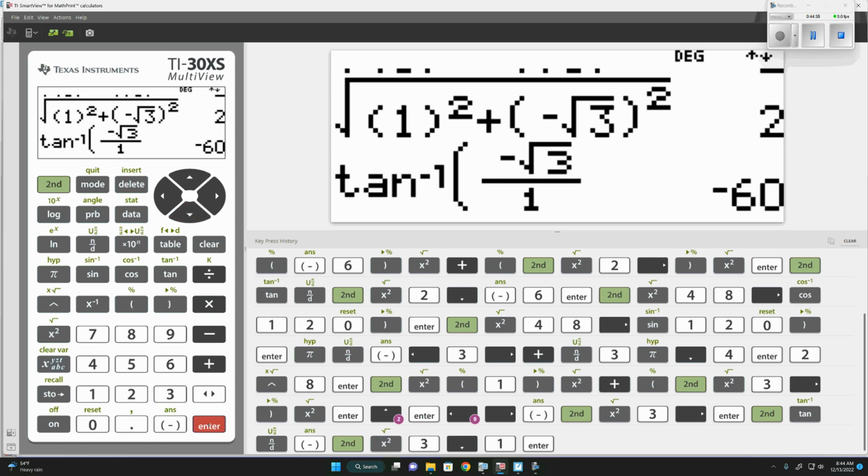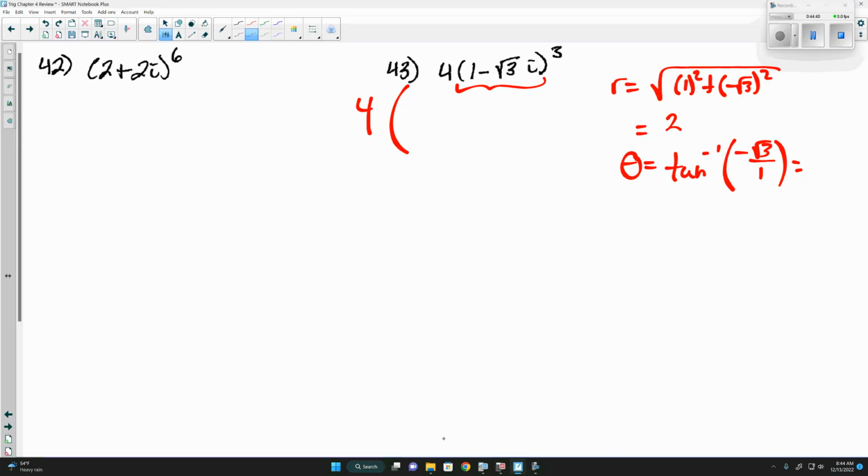This one we definitely need the sign, so we get negative 60. But thinking about the quadrant plane, positive, negative, we are down here. So we add 360 to it, which tells us our angle is actually 300 degrees.